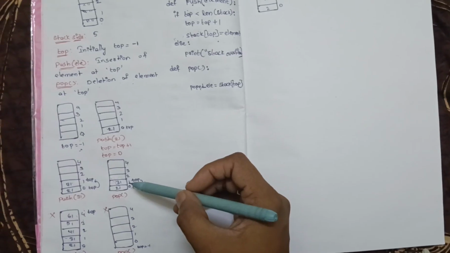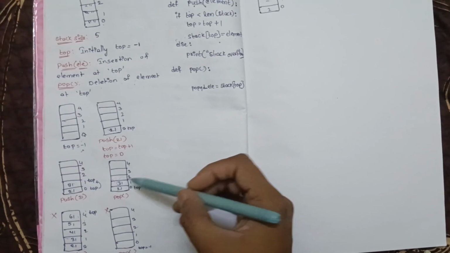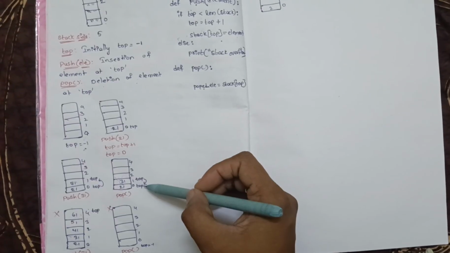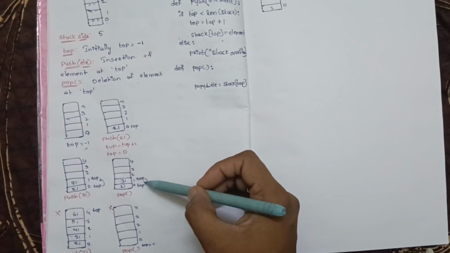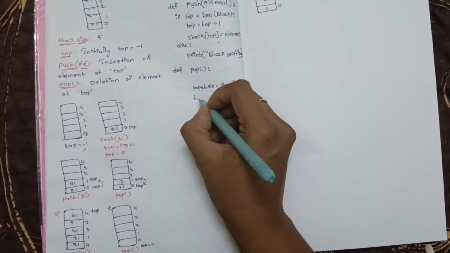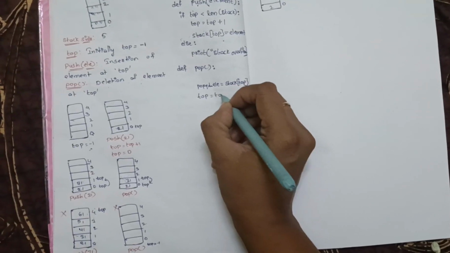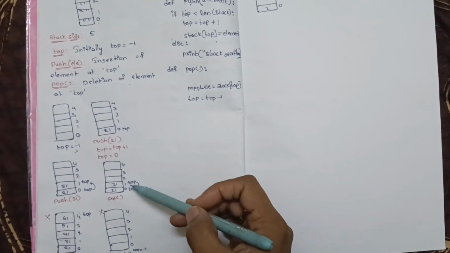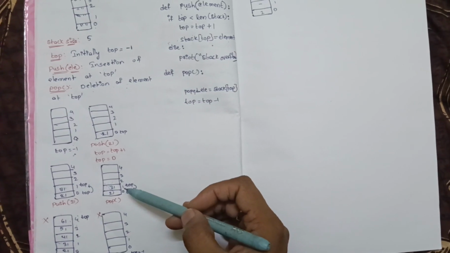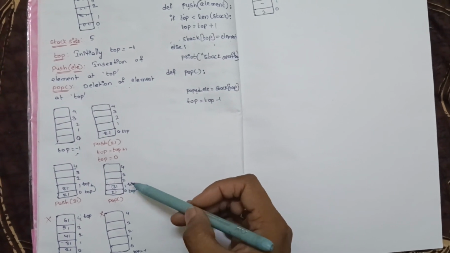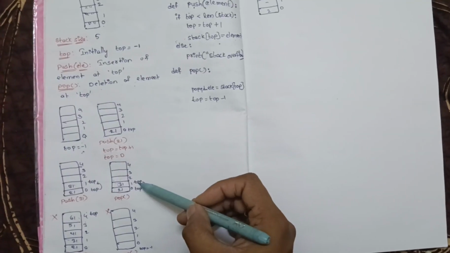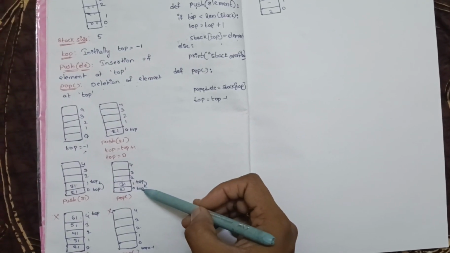Then how can I delete this element? If I just decrement top to the 0th index. If I write top is equal to top minus 1, then I am making the user believe that top is no longer this first index, top is now the 0th index.